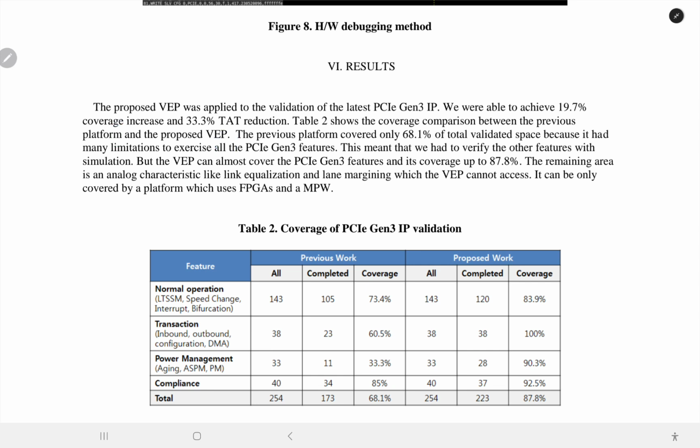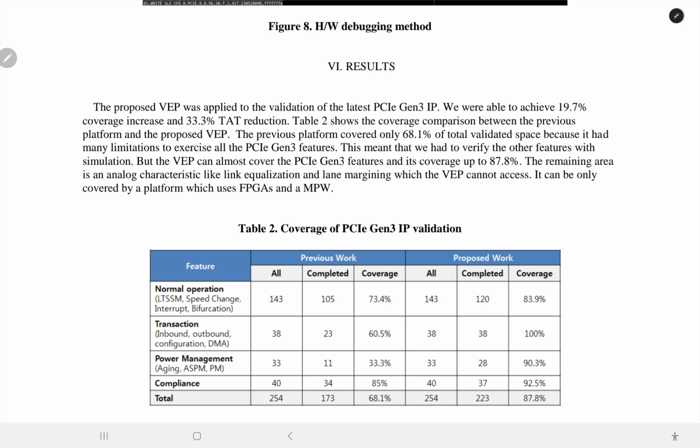The previous platform covered only 68.1% of the total validated space because it had many limitations in exercising all the PCIe Gen3 features. This meant that we had to verify the other features with simulation. But the VEP can cover almost all the PCIe Gen3 features, with coverage up to 87.8%.